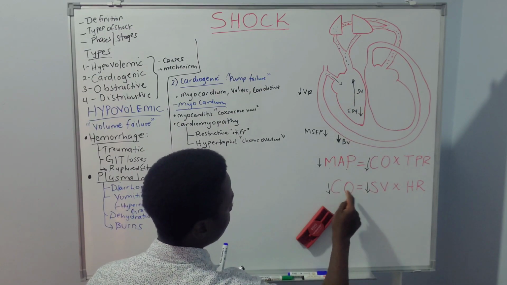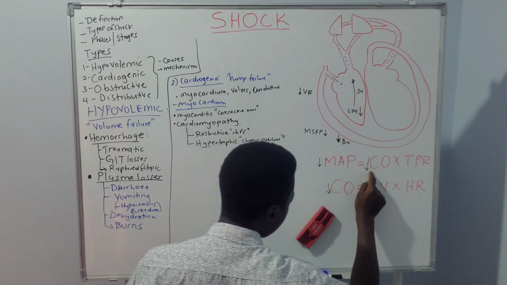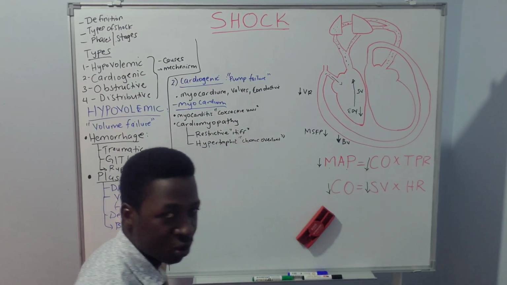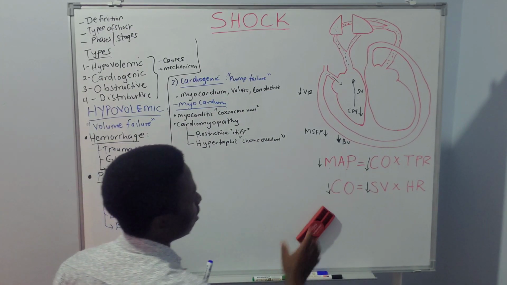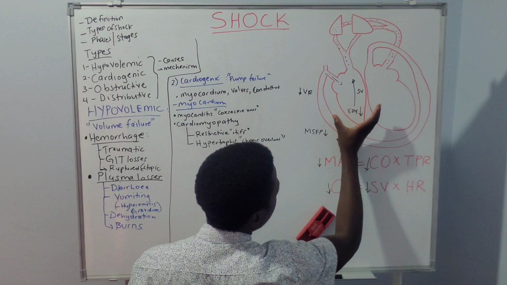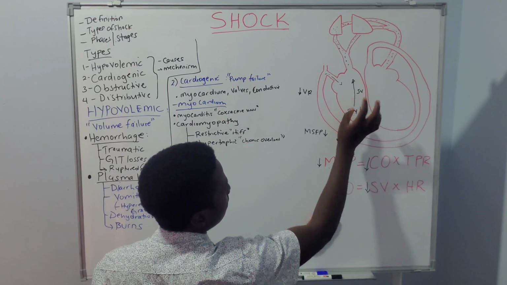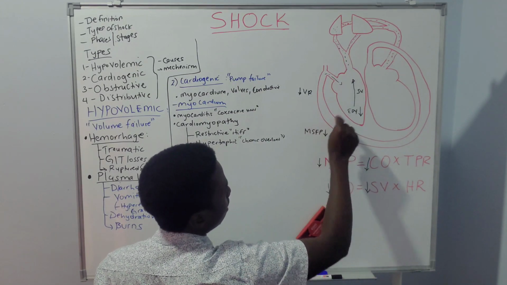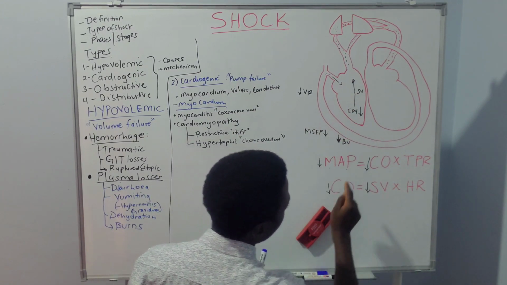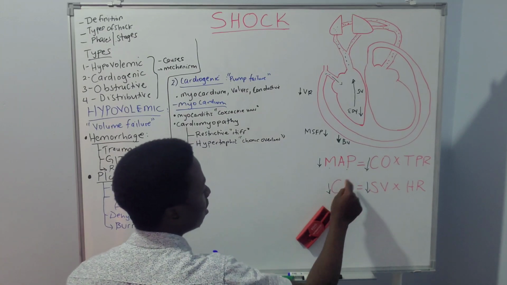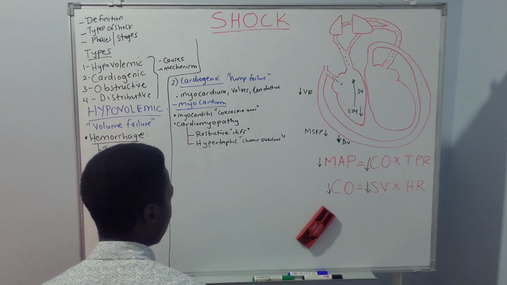When stroke volume decreases, cardiac output decreases. And when cardiac output has decreased, mean arterial pressure also decreases. The heart is stiff and cannot eject a good volume of blood.